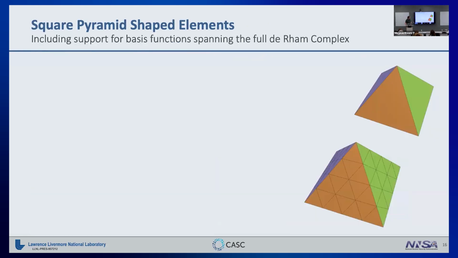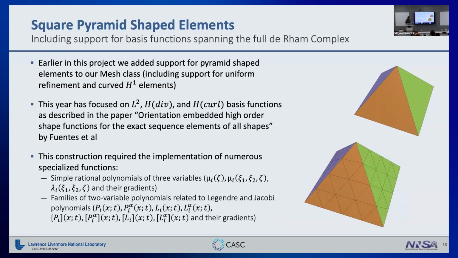Okay, so I mentioned another topic here that Mark is working on, pyramids. And we are almost there with support for all the spaces and arbitrary orbits. That's cool, Mark, right? Anything to add?